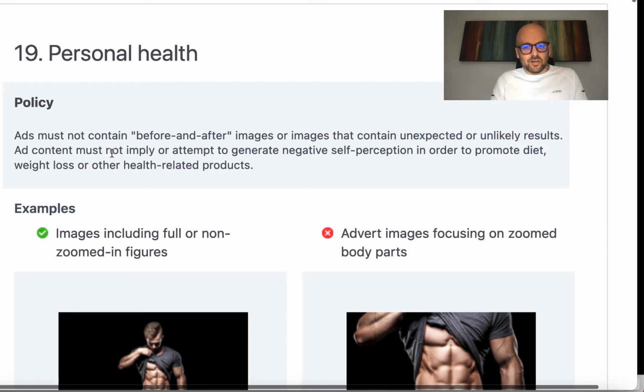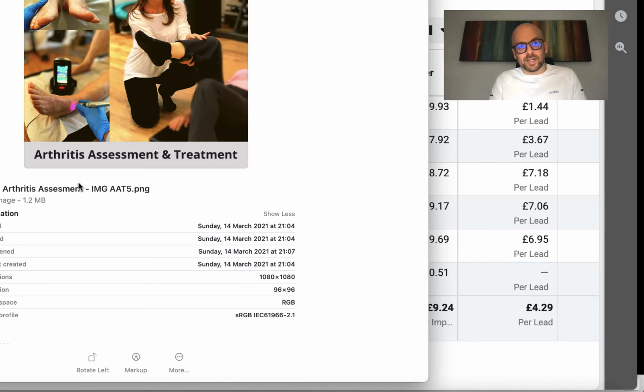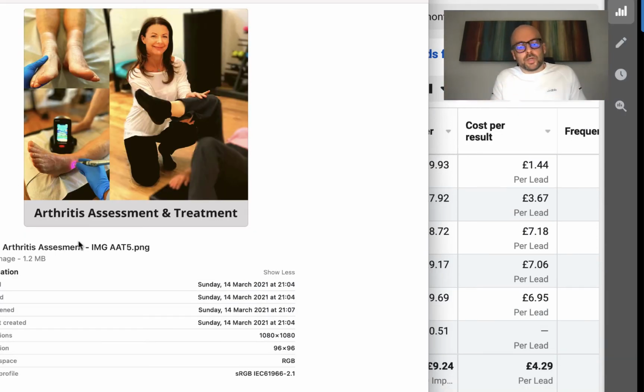It does not imply or attempt to generate any negative self-perception in order to promote diet, weight loss, or other health-related products. So theoretically, I knew this was compliant, but in practice, sometimes Facebook will flag it anyway. So it was a bit of a gamble, but it paid off. At least on day one, no issues and no automatic flags. So I think I'm in a good place. And this was the winner.